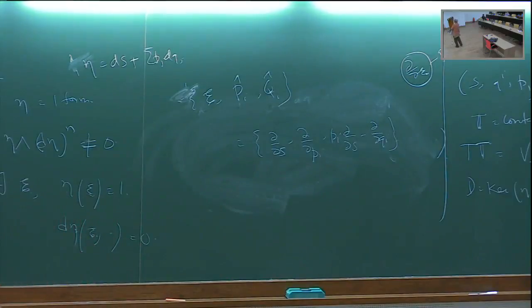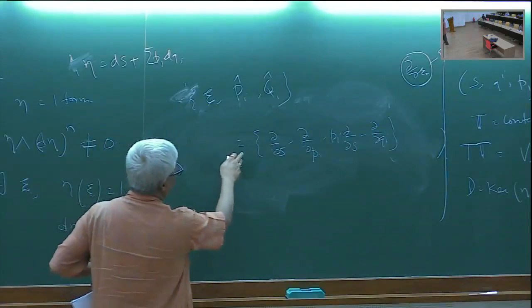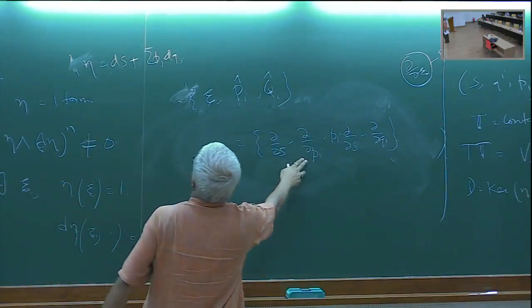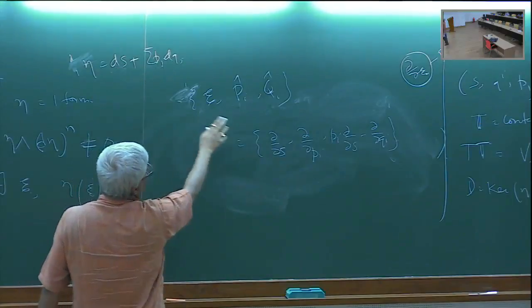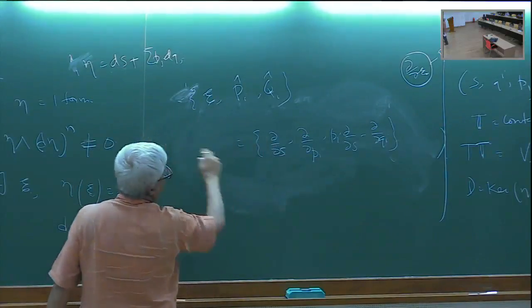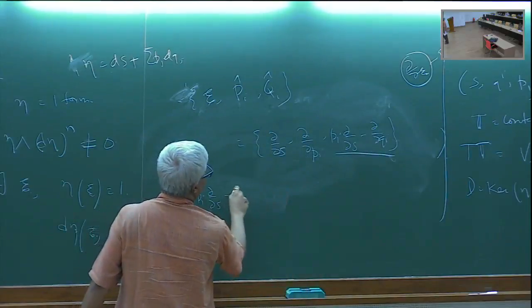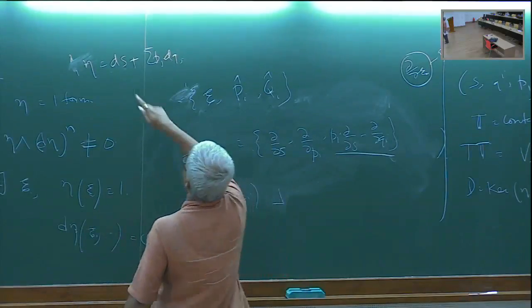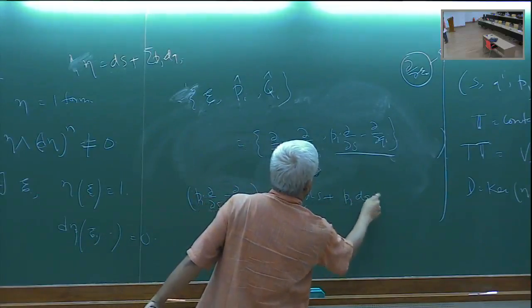If you do this, you can see it is fine for eta, because eta of del del S is 1, and the rest, if you contract with these, is 0, so it is sitting in the null. Now Pi del del S minus del del Qi: look at dS plus Pi dqi.